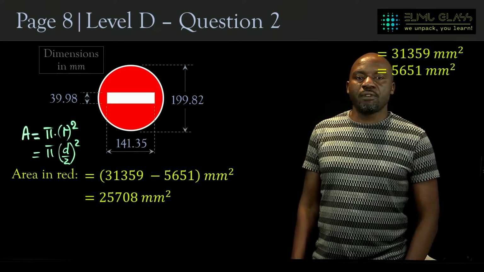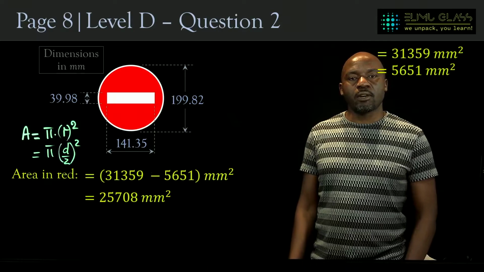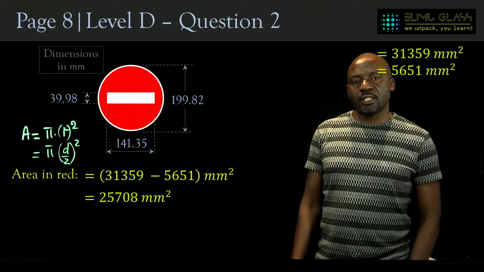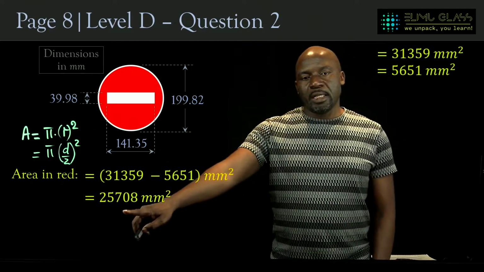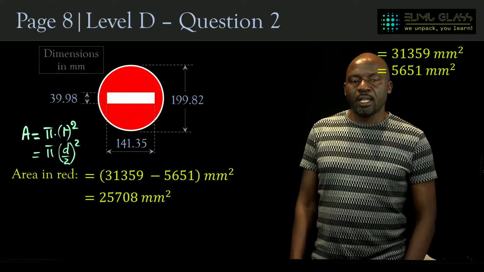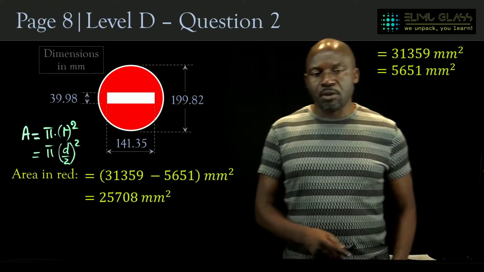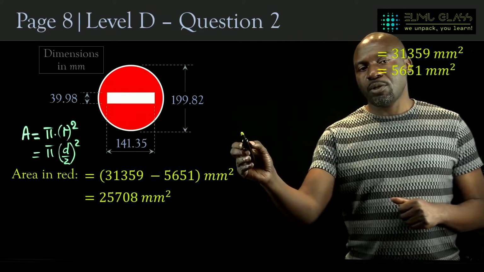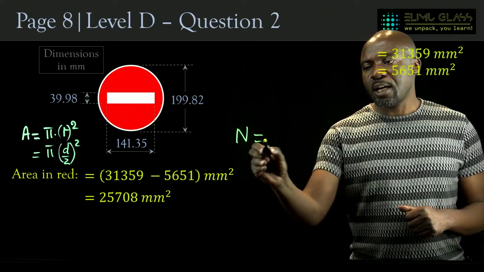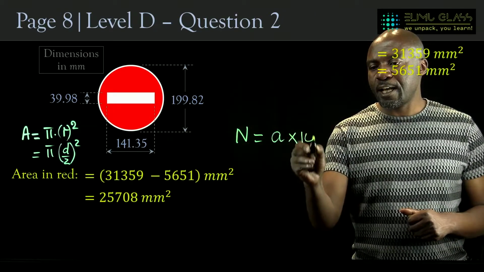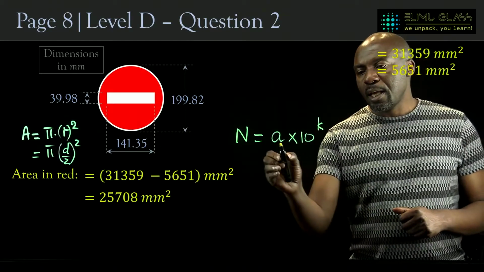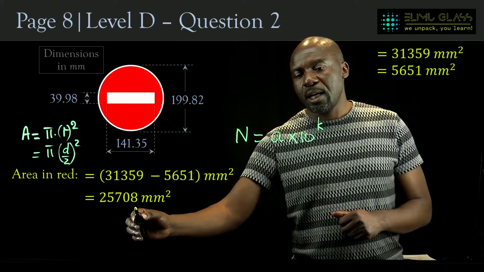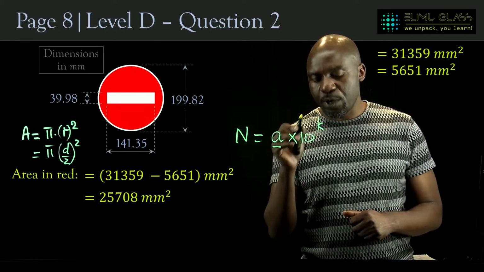But we are also asked to give the value in the correct scientific notation. Okay. So how do we write 25,708 in scientific notation? Well, it has to be in the notation where N is expressed as A multiplied by 10 to the power of K. A must have the same digits as this and in the same order, except my value of A must lie between 1 and 10.